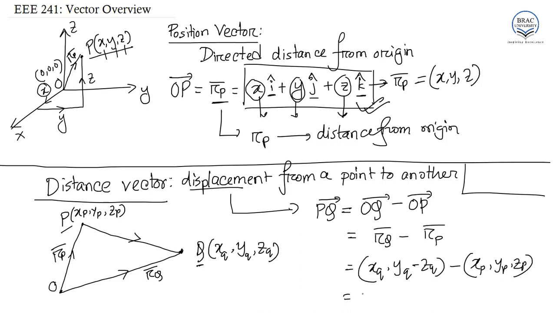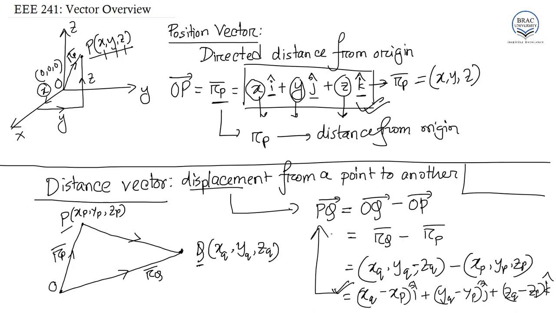Like I can write it as (XQ minus XP)i plus (YQ minus YP)j plus (ZQ minus ZP)k, right? So this will be the PQ vector, basically the distance vector between P and Q, right?